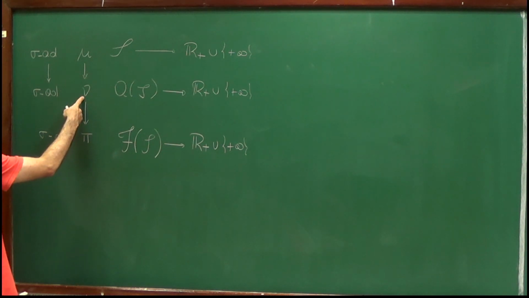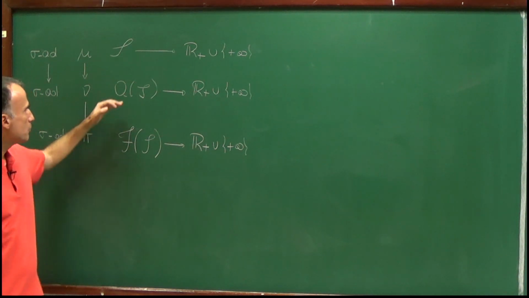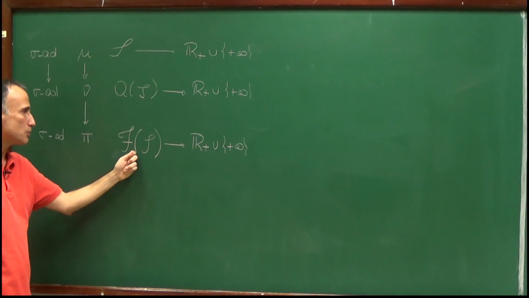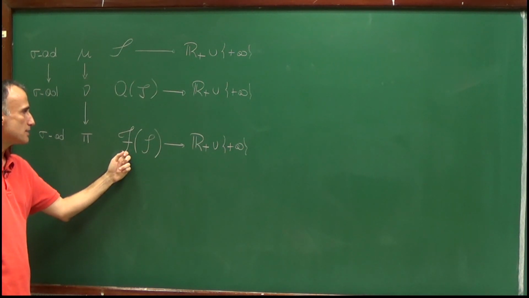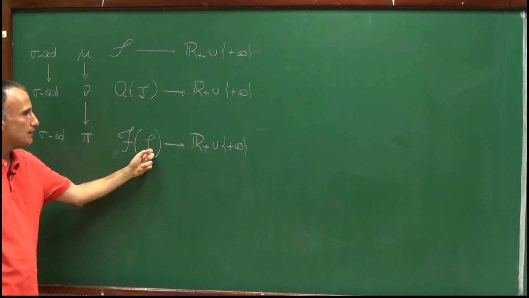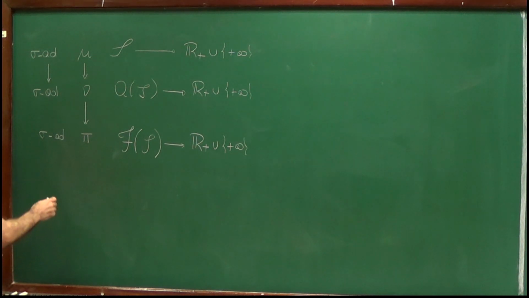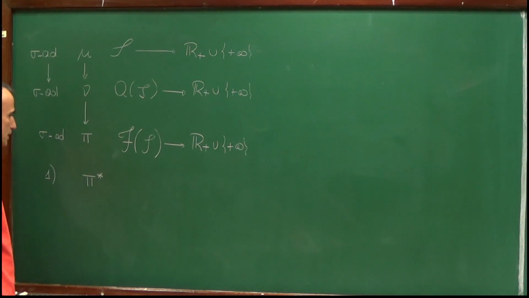So we start with a function which is sigma additive defined on an algebra, and we want to extend it to a function defined on the sigma algebra generated by the algebra, which corresponds to the sigma algebra generated by the semi-algebra, and we will show that this extension is unique. So what we will do is the following. We will start by defining a function P star.